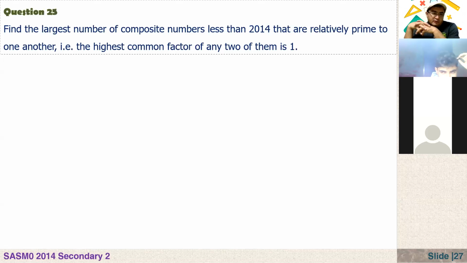Find the largest number of composite numbers less than 2014 that are relatively prime to one another. The highest common factor of any two of them is 1. Okay, I think the answer is 2013, right?